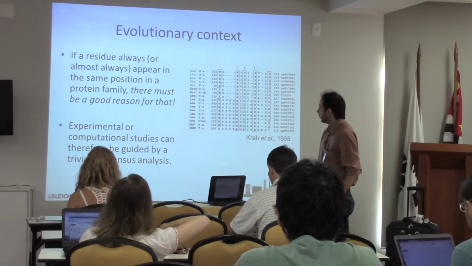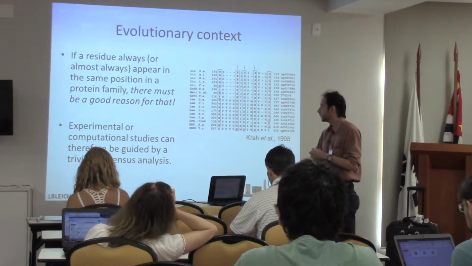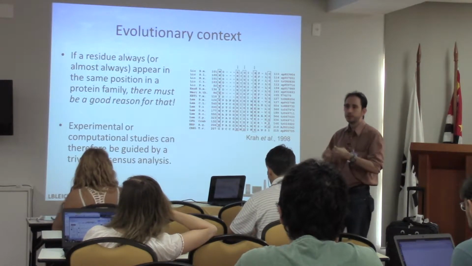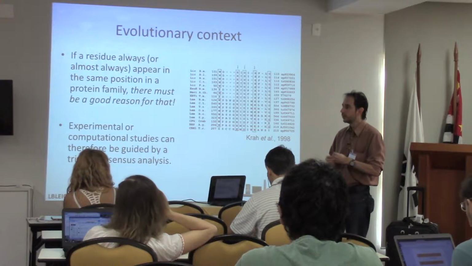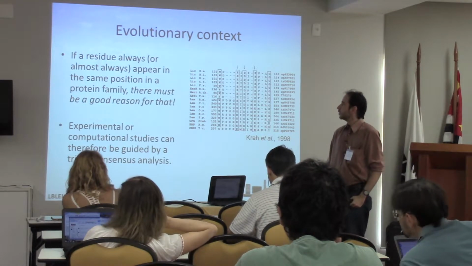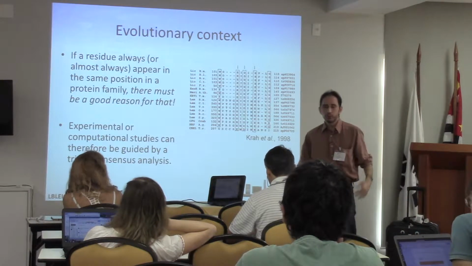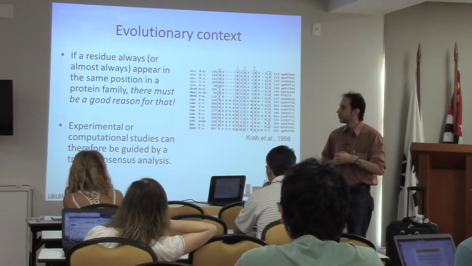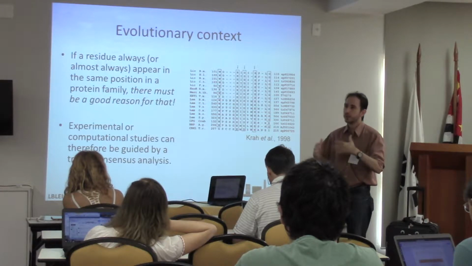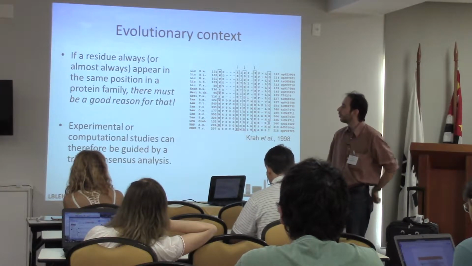One thing most people know is that sometimes it's much more useful to try to find new information on a new protein not only by looking at a single sequence, but by looking at its context. Most new proteins are embedded in protein families in which we can find a big number of homologs.